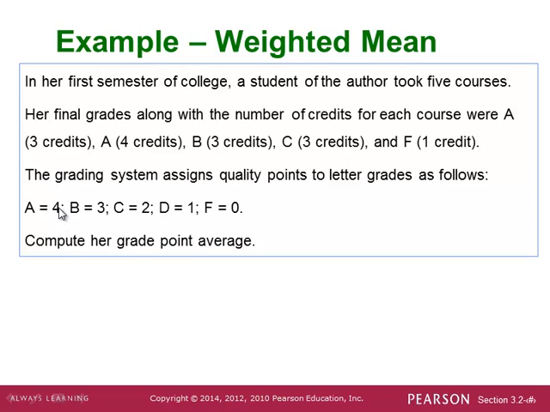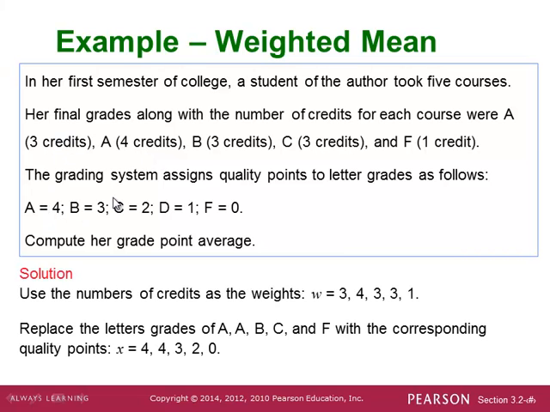So you got an A for your 3-credit class, so you're going to multiply 4 times 3, and then you got an A for the 4-credit class, so you're going to take 4 times 4. And then you got a B for the 3-credit class, so you're going to take 3 times 3. And you're going to take the C, which is 2 times the 3 credits, and then plus 1 times 0. So in other words, you take each class credit times the letter grade divided by the sum of the credits. Okay?